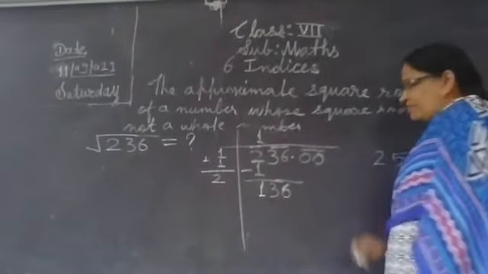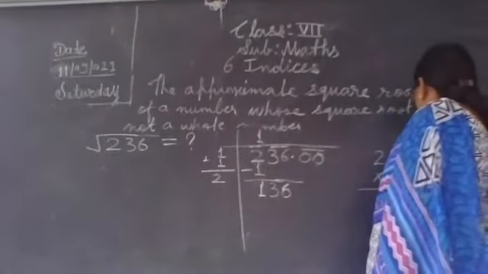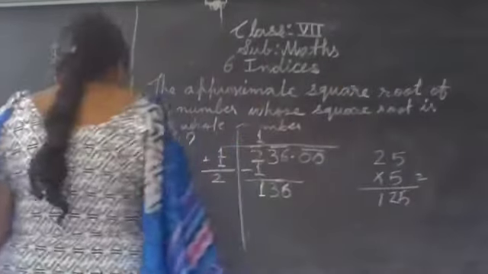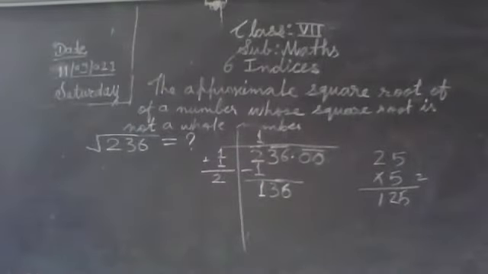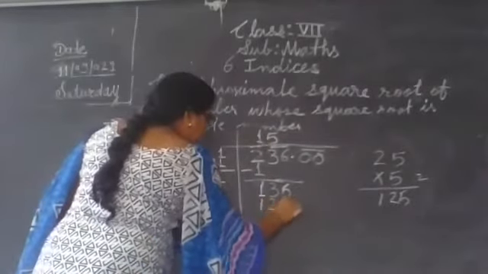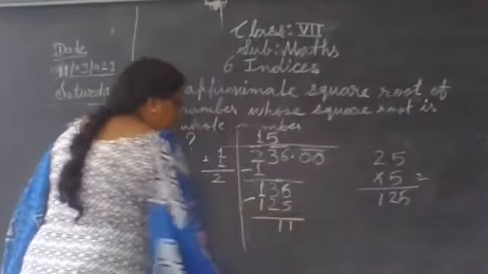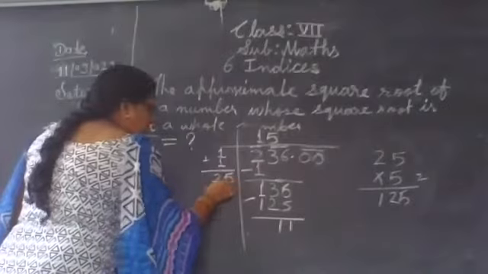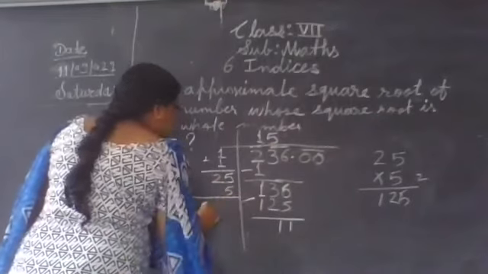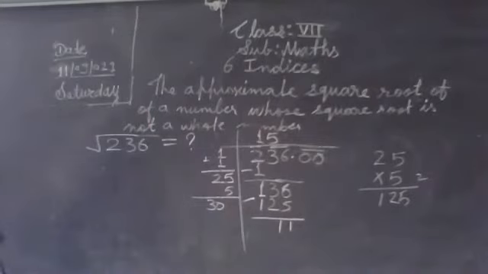Here I am writing 5, and I multiply it by 5. 5 times 5, it is 25, and here 5, and then add 5. So it is 30. So 11 is left.